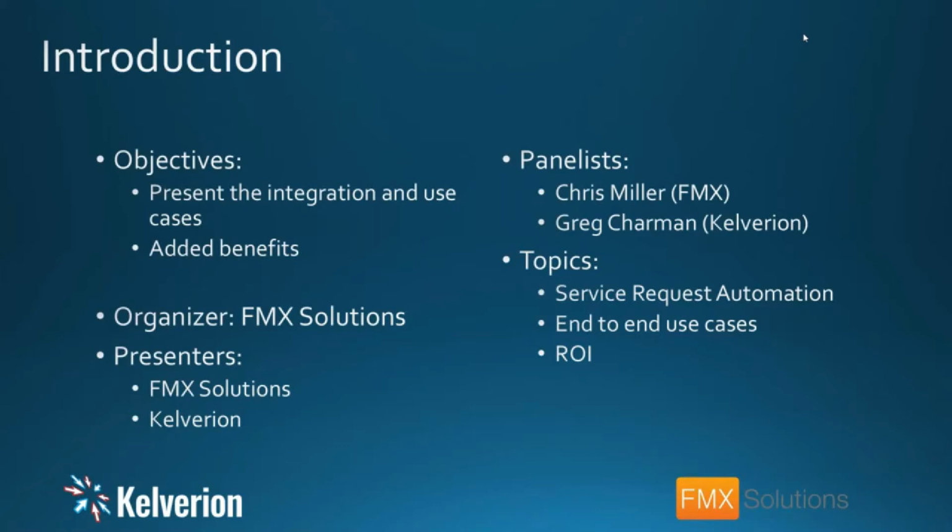We'll be walking you through the end-to-end case, starting with a service request in a service apps portal. Greg will take you through the Kelverion backend, so you actually see what the processes look like, and then we'll see the completed request in EasyVista.